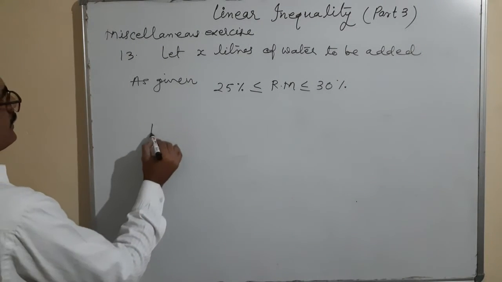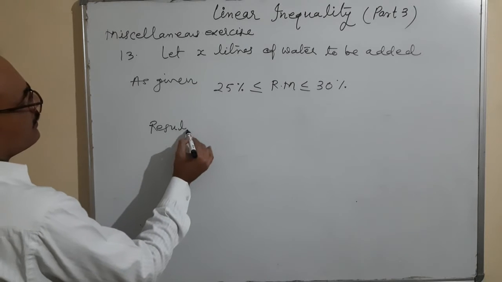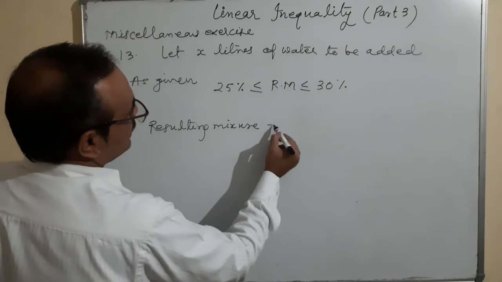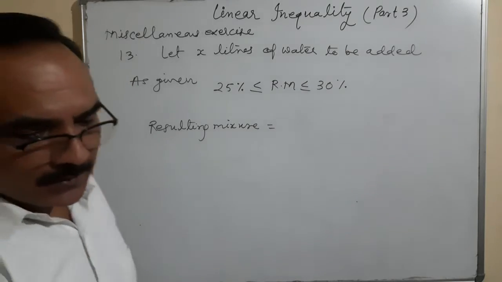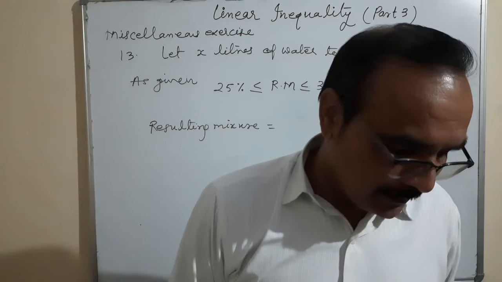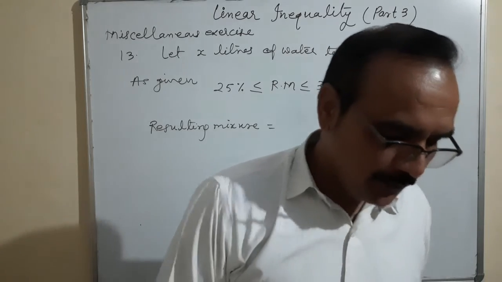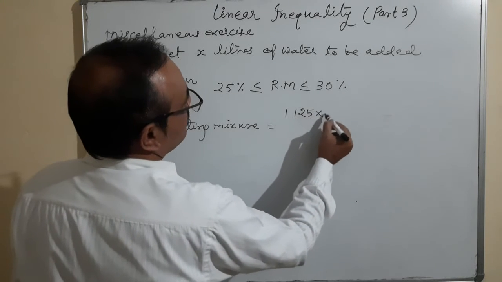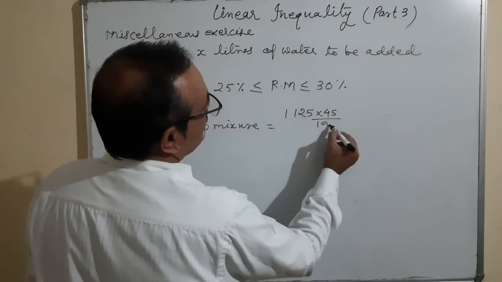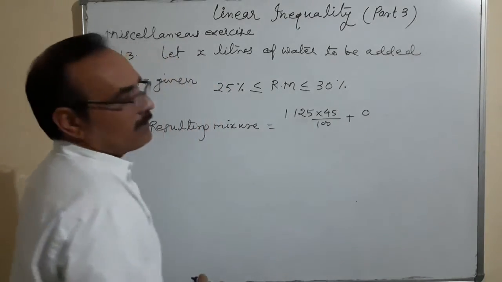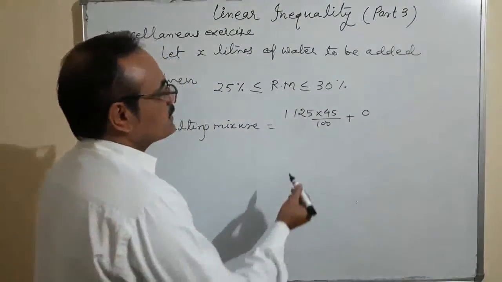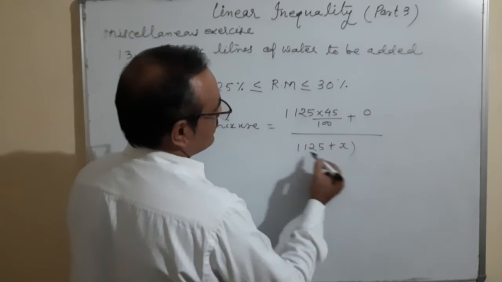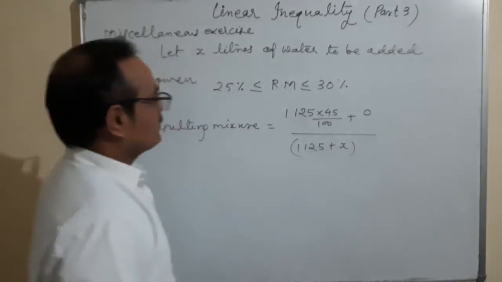In the previous question, the resulting mixture is equal to the concentrated acid upon the total, where X liters will be added. 1125 liters of 45%, so 1125 multiplied by 45 upon 100 plus 0, because for the concentration water is not required, upon total 1125 plus X. Is that clear? This is the resulting mixture.